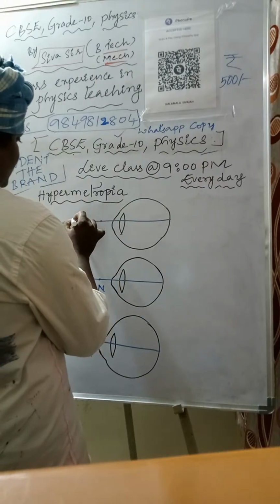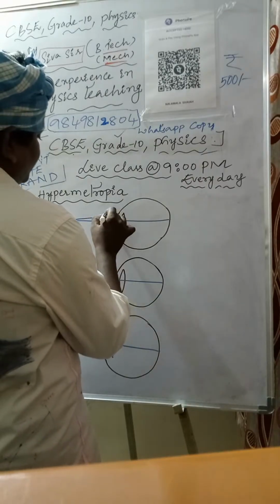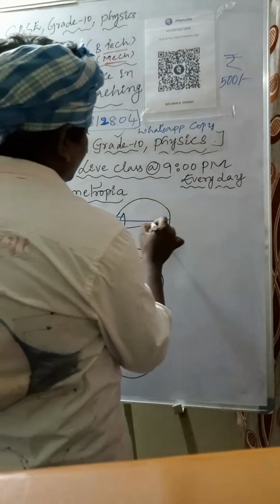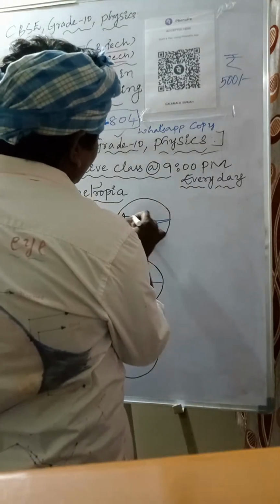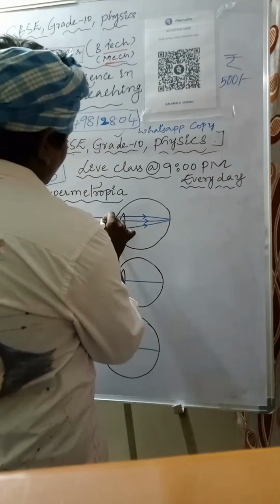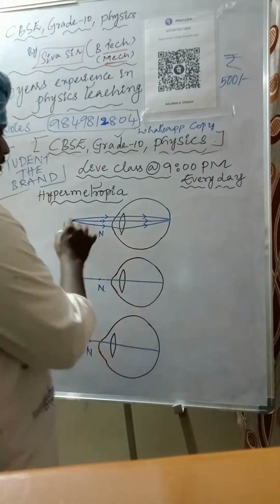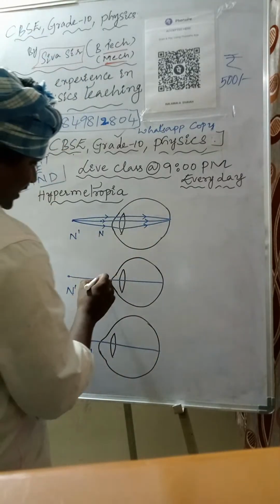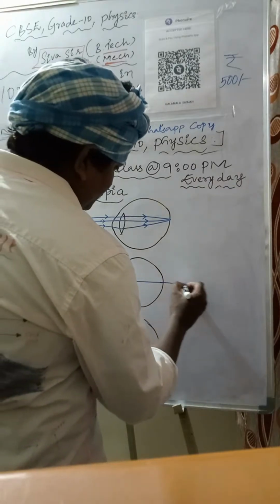From N dash you are able to see, right? From N we can't see.